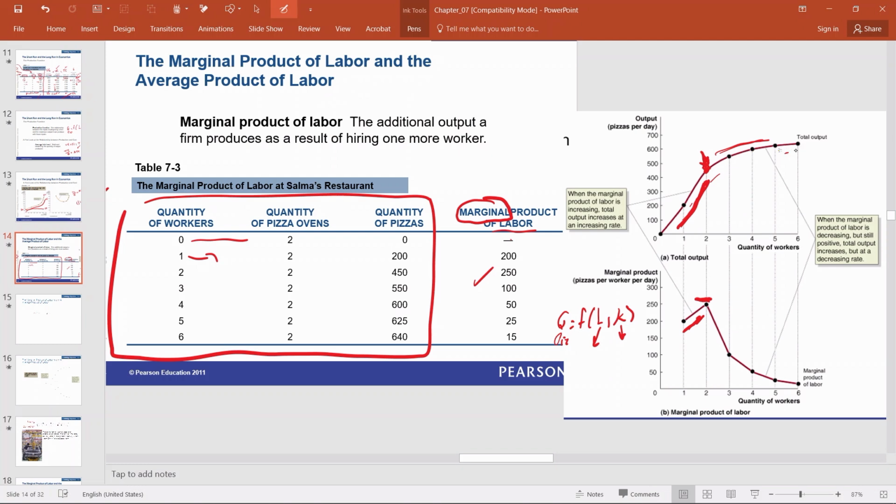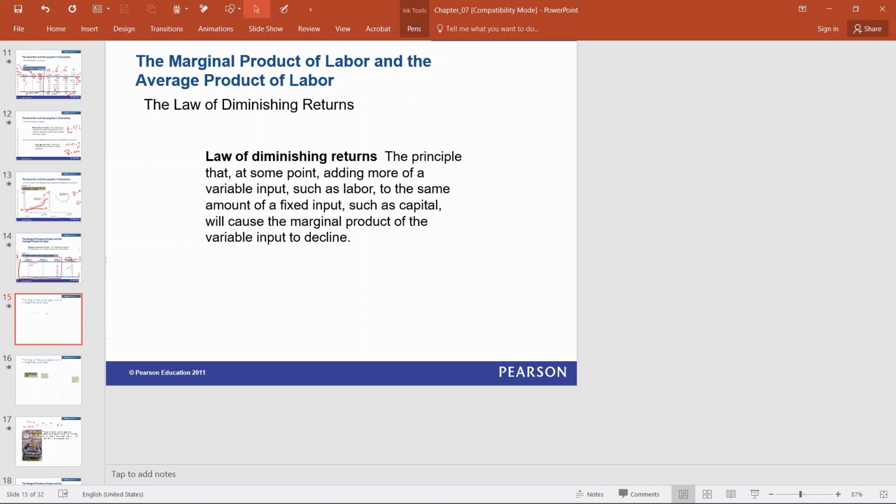And why is it becoming slower? Because the more labor you add to the oven, the more this results in decreasing marginal production. The next slide says this clearly.